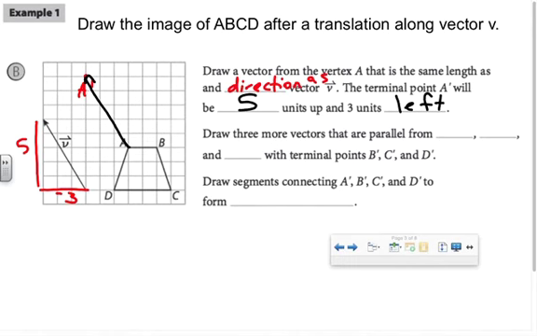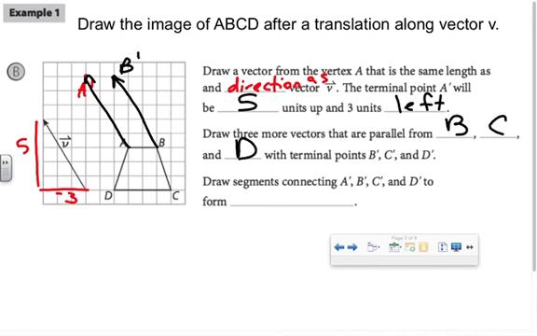And they want us to draw 3 more vectors that are parallel from B, C, and D with terminal points B prime, C prime, and D prime. So we're doing the same thing over and over again from B, C, and D. So 1, 2, 3, 1, 2, 3, 4, 5. There's B prime. And that's my vector.